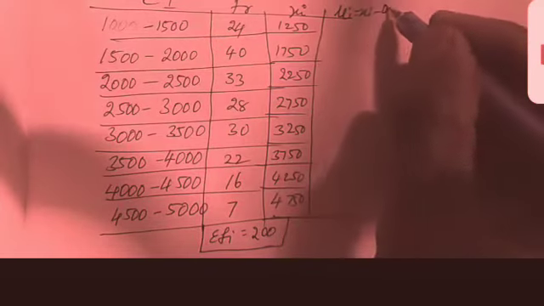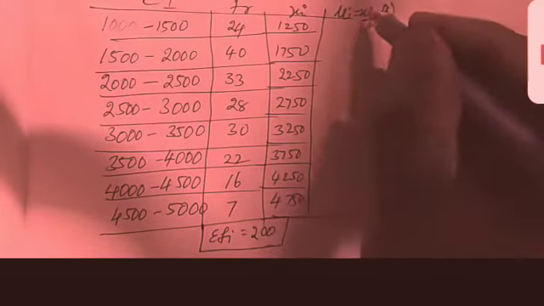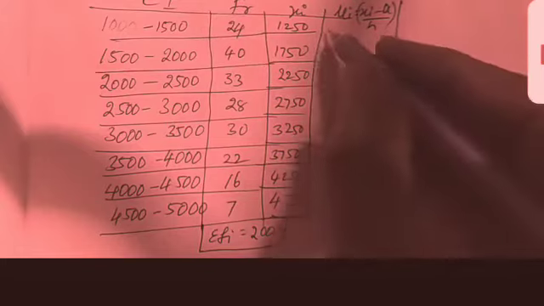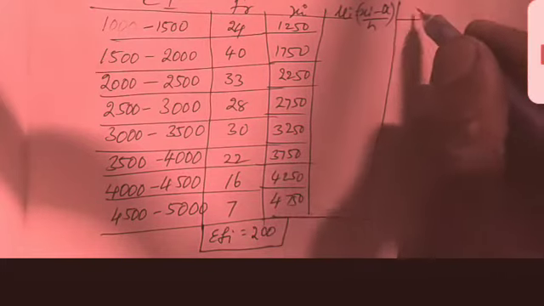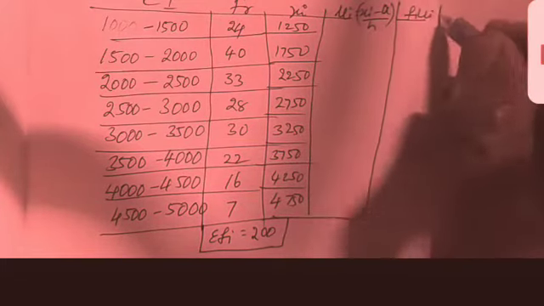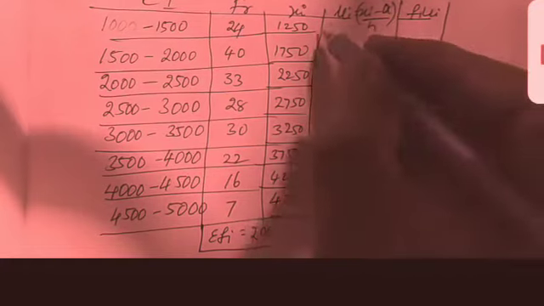In this way we have written the mid values, that is xi. Next I write ui.